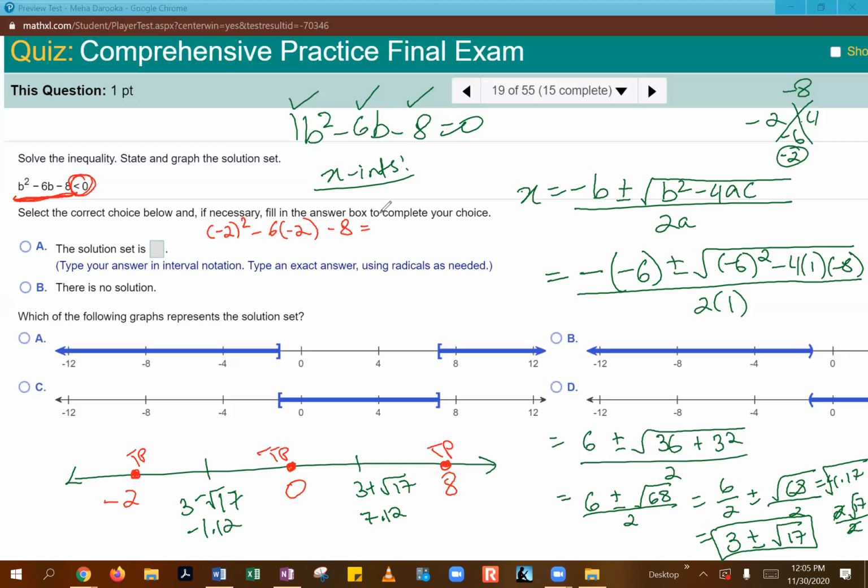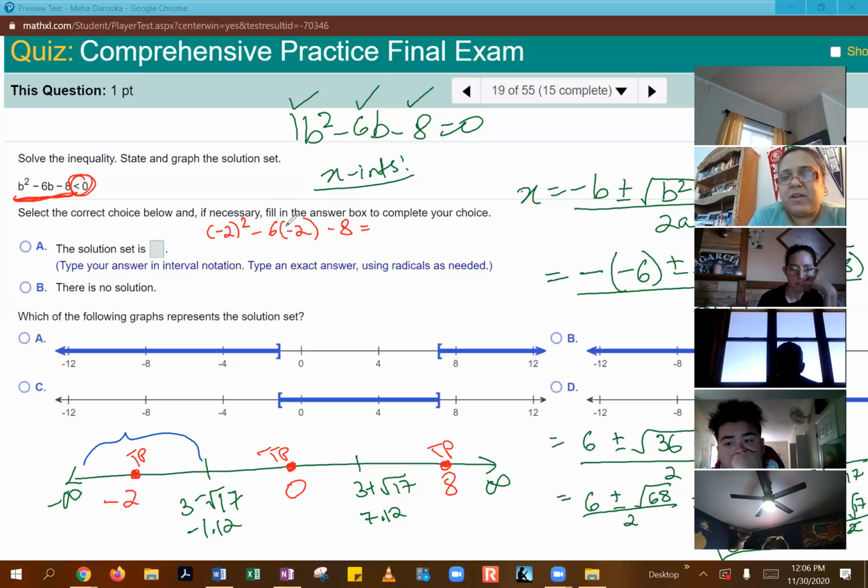Are we going to get a positive or a negative value for this interval? So basically from negative infinity to 3 minus square root of 17, are we going to have a positive or a negative value in this interval when you solve this inequality or your expression, with negative 2 as the b value?